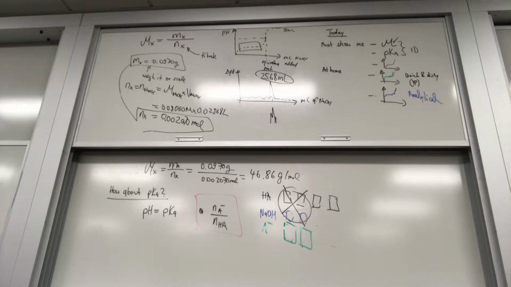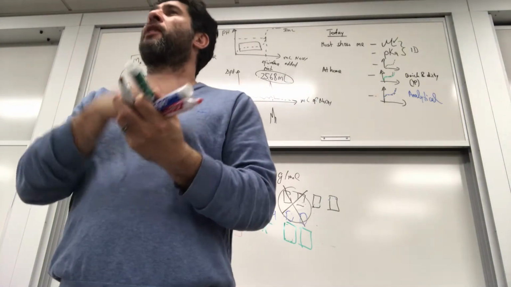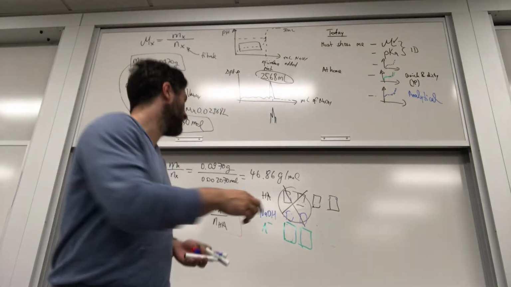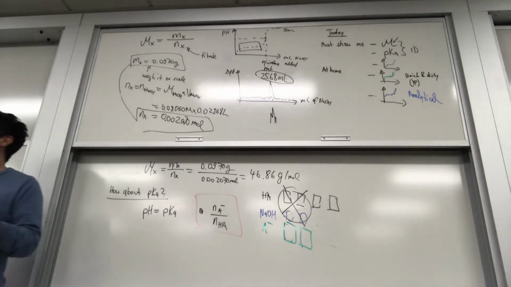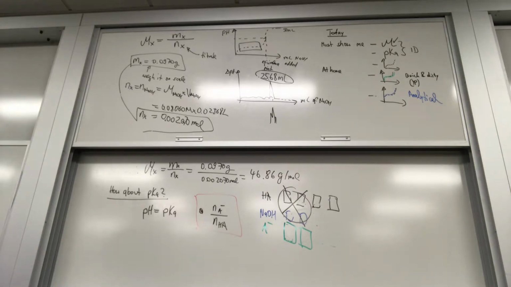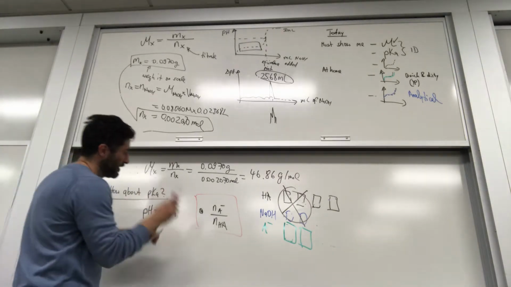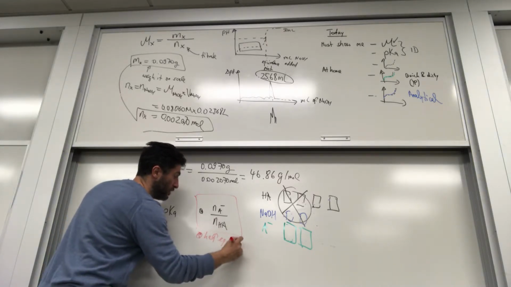What's the ratio of A minus over HA? 1:1, it's the same, right? How much volume did I have to add to neutralize all of the HA? 25 milliliters, right? How much do I need where A minus and HA are the same? Half of 25. So this thing here is at the half equivalence point.